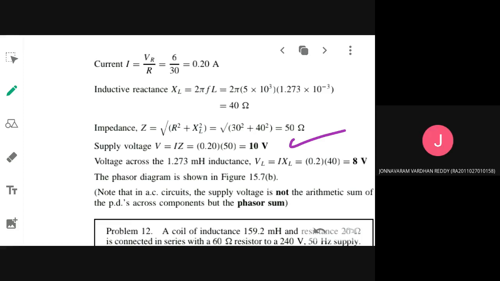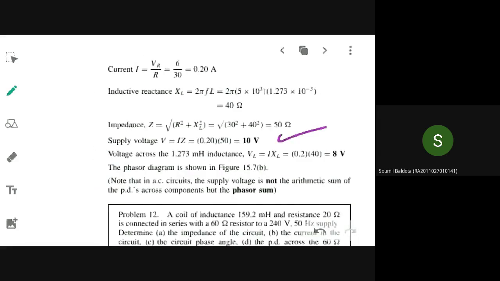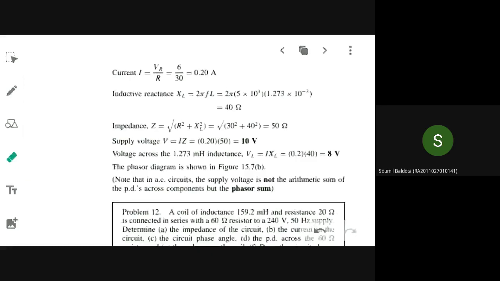No, ma'am. Supply voltage and what else have they asked? VR and VL, and phase angle we can find by arc tan of the inductive reactance upon the resistance.